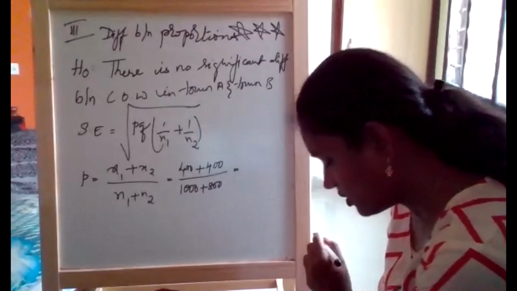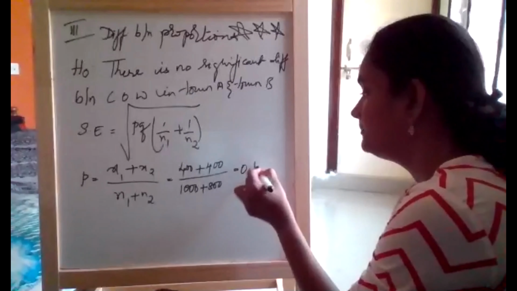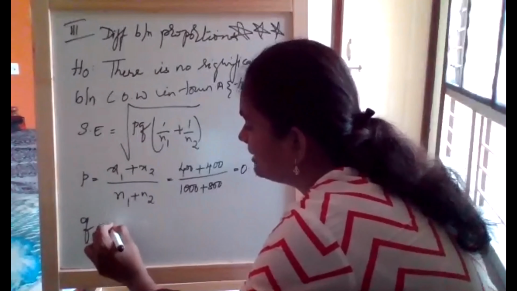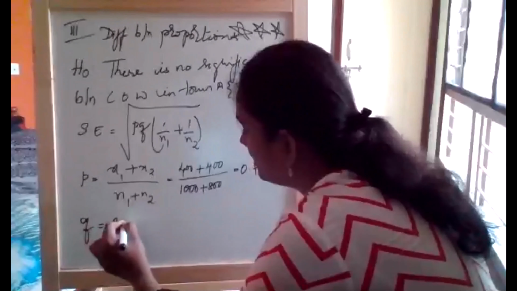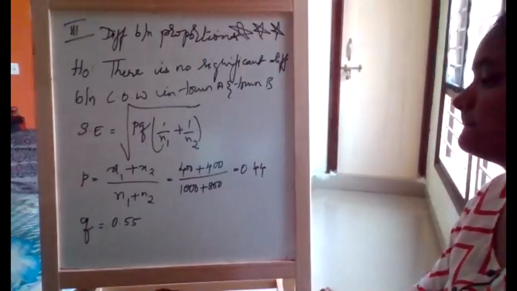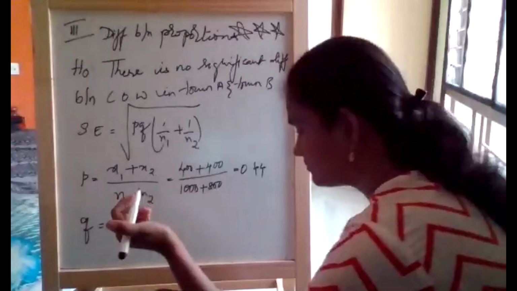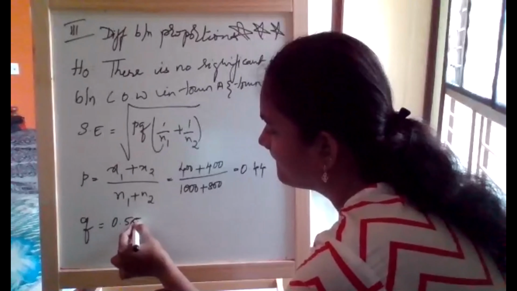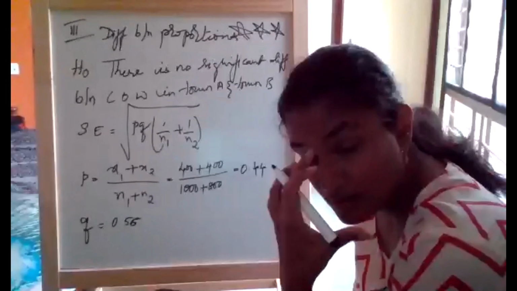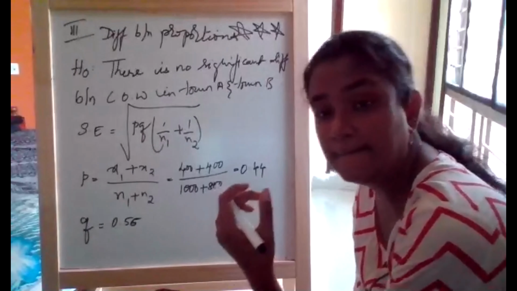Using this, I got the P value to be 0.4444. I also got the Q value to be 0.5556. Both are the same. Clear?